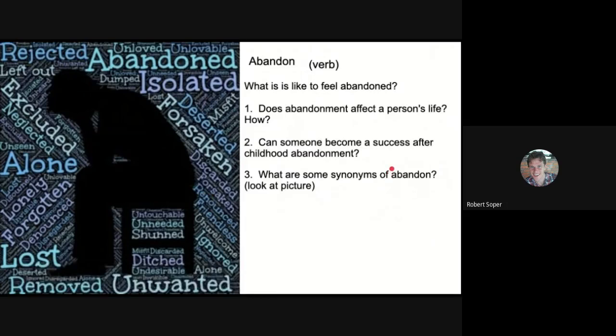To feel abandoned is to feel lost in some sense. Okay, so by covering this word and looking at how it was used differently, for example, as a verb here and as a noun here, abandonment, we can see that it's a negative word. It's got a lot of negative connotations.